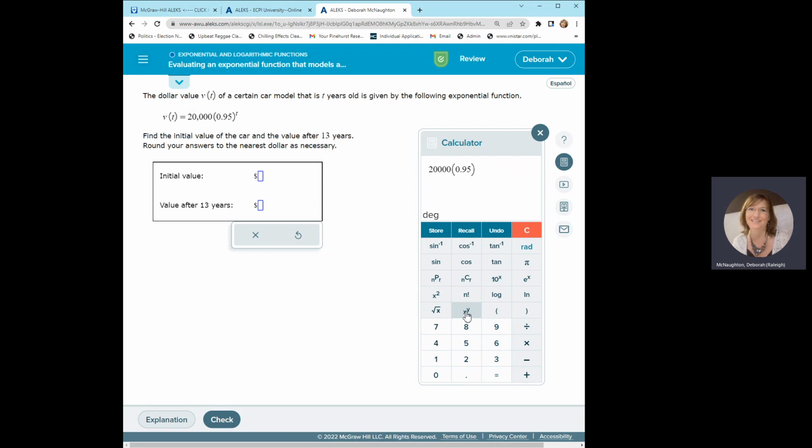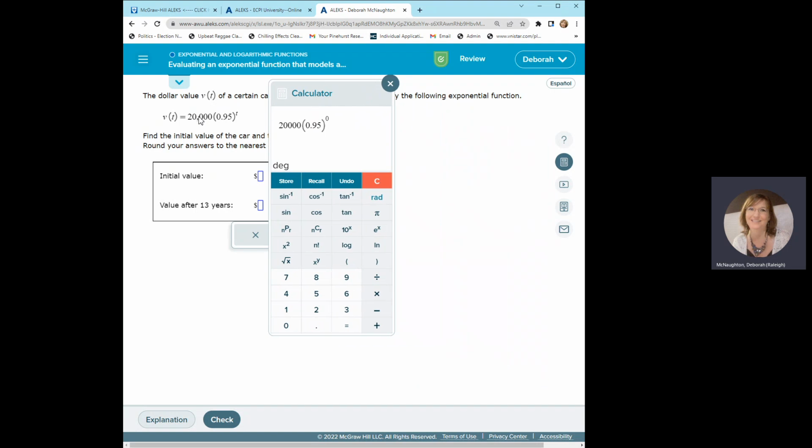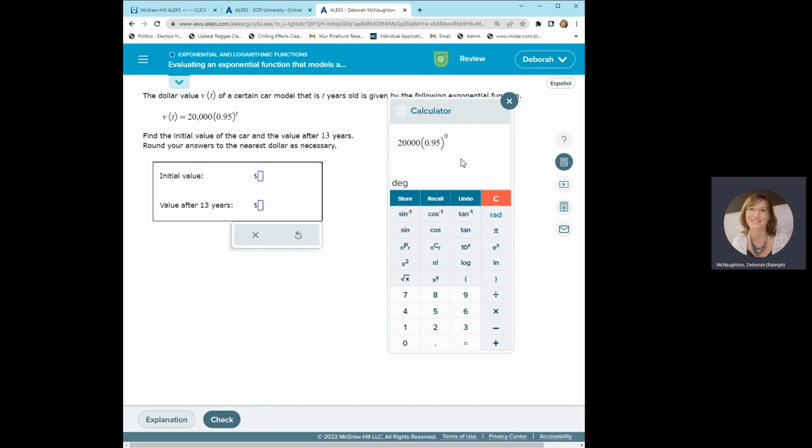And then we want to use this x to the y value, and the initial t is 0. So I just like to put it near it so I can see I have the same exact formula. And what is the value when t is 0? I just click equals, and the initial value is 20,000.